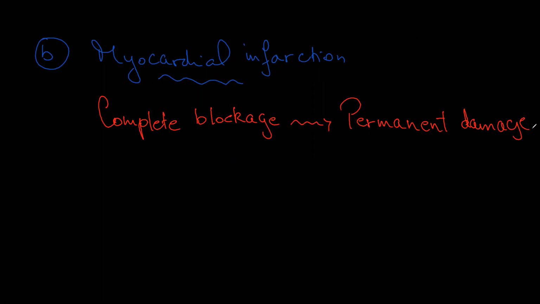Here, of course, the complete blockage is due to formation of first the plaque and then a clot, and the plaque and the clot build up in the coronary branch, which becomes narrow, so it is completely blocked. Here the wall of the artery is affected by the plaque.